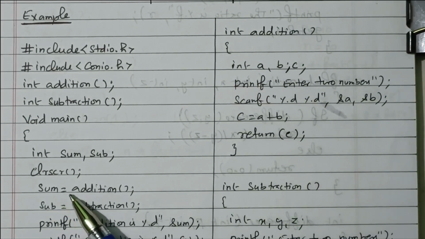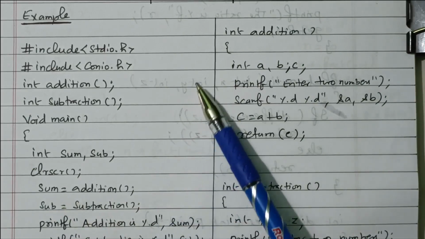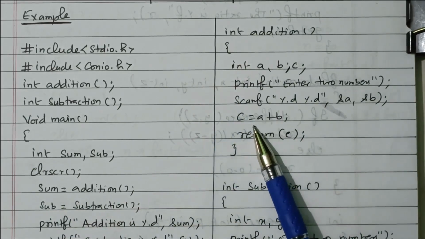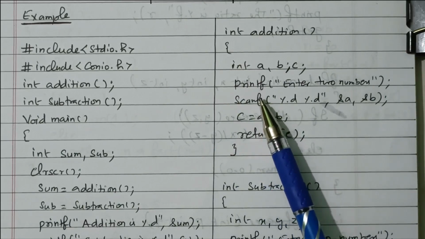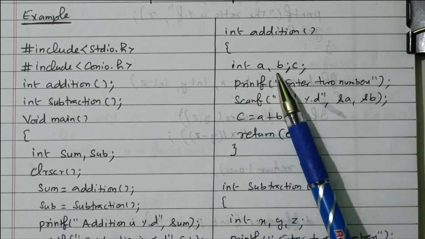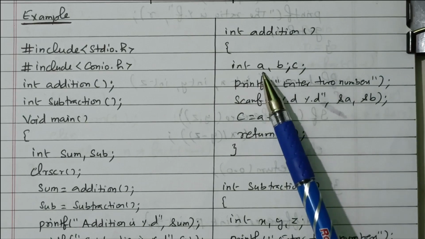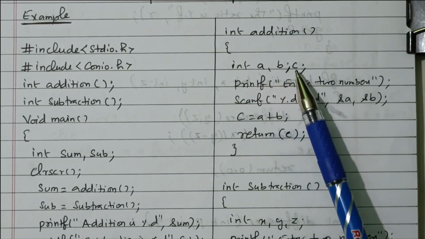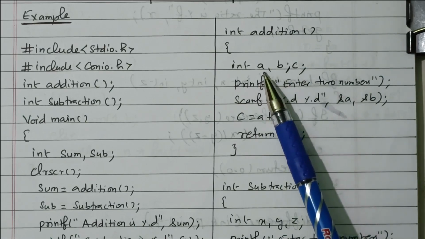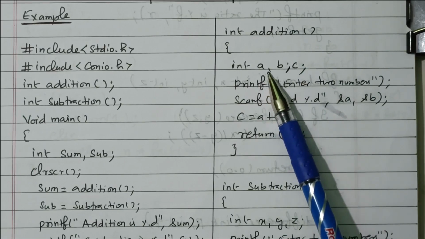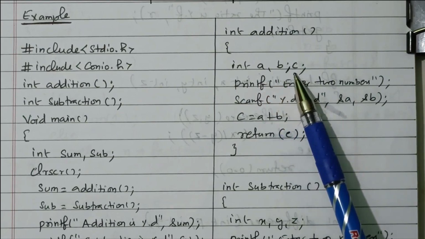So sum = addition() means the control will transfer to this function definition. Inside the function, what do we need to declare? Since arguments are not available and we need to add two numbers, we need two variables. The answer should be stored in another variable, so we declare a, b, c. a and b are the two numbers, and c stores the sum.